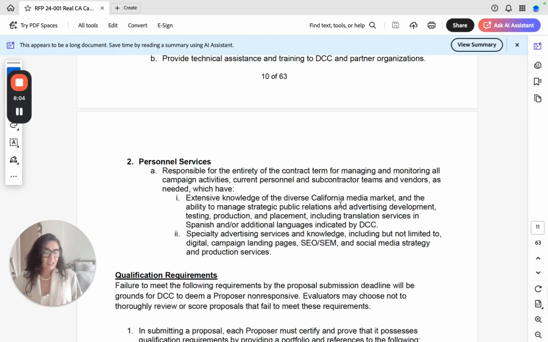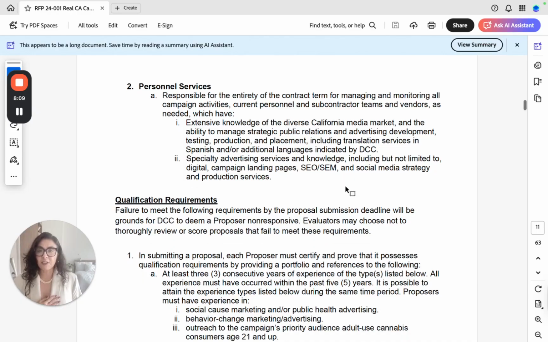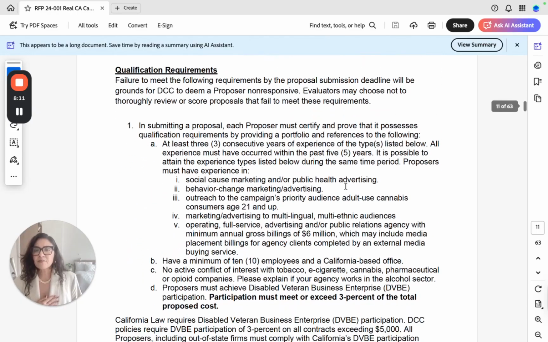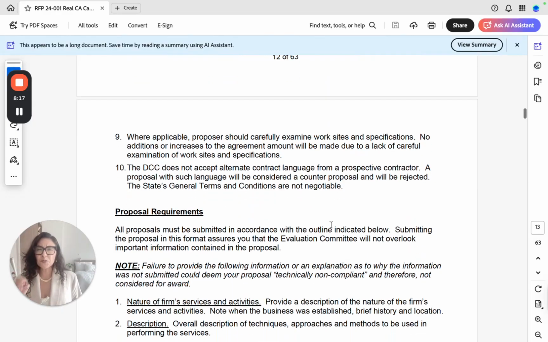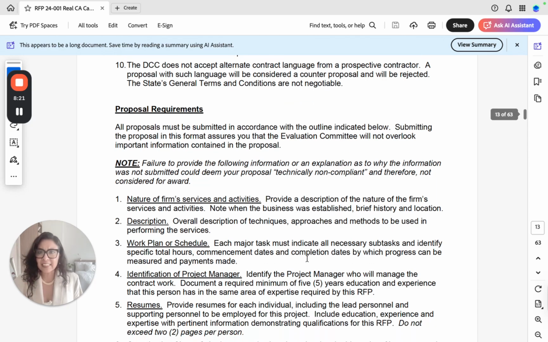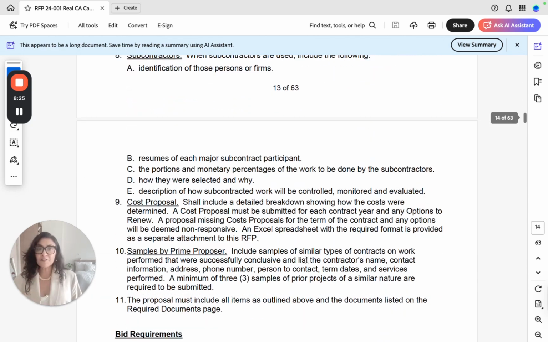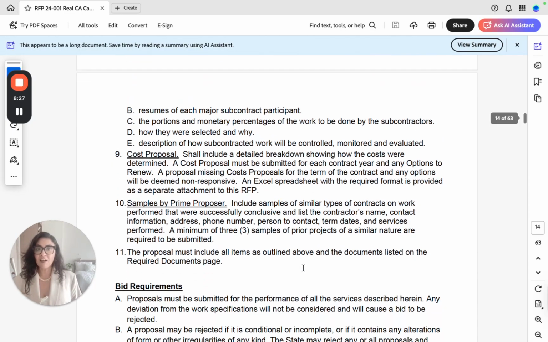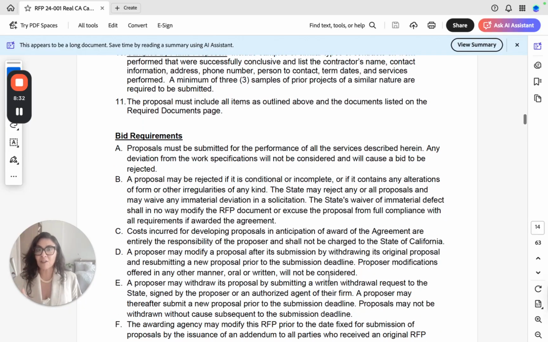Your second part is to go and find the evaluation criteria or the evaluation factors. You'll have to do some real reading and pay attention, because sometimes it'll say evaluation factors, but that's really not where the rating, the scoring and the points are located.